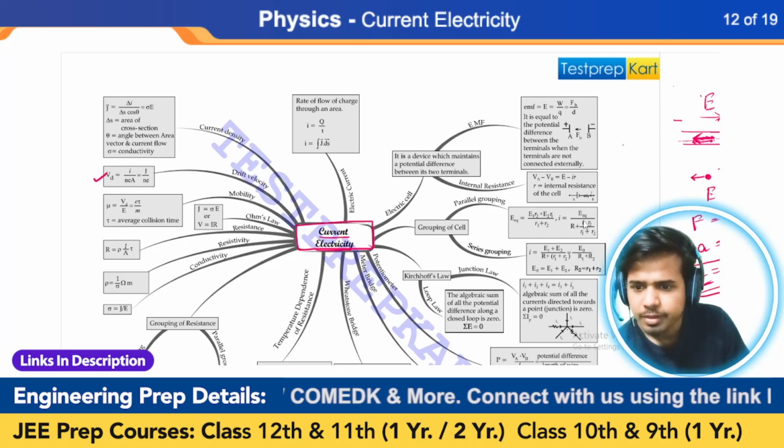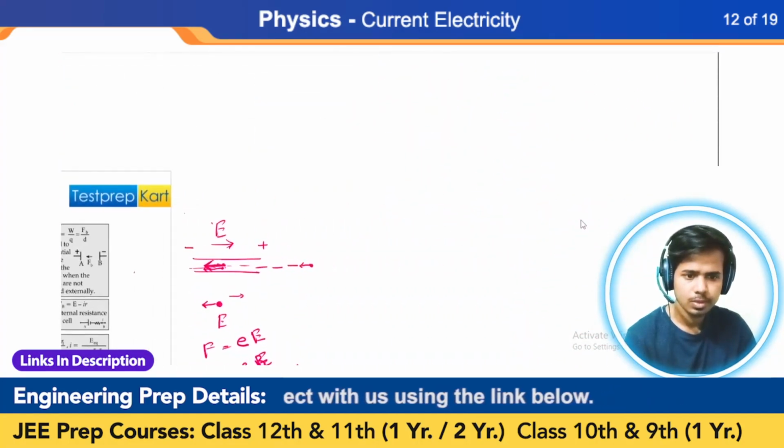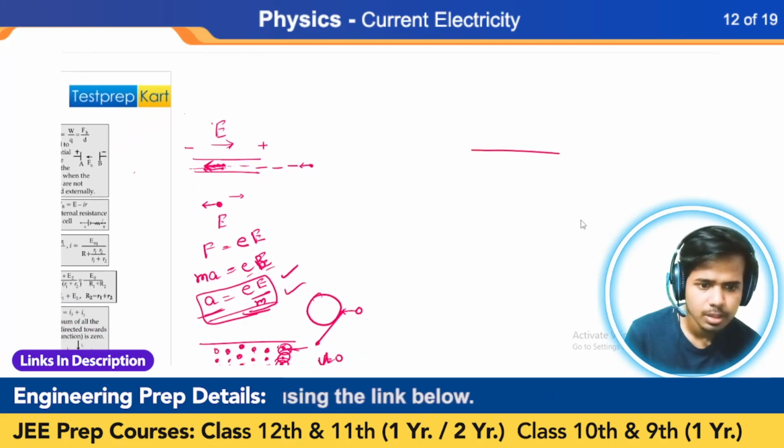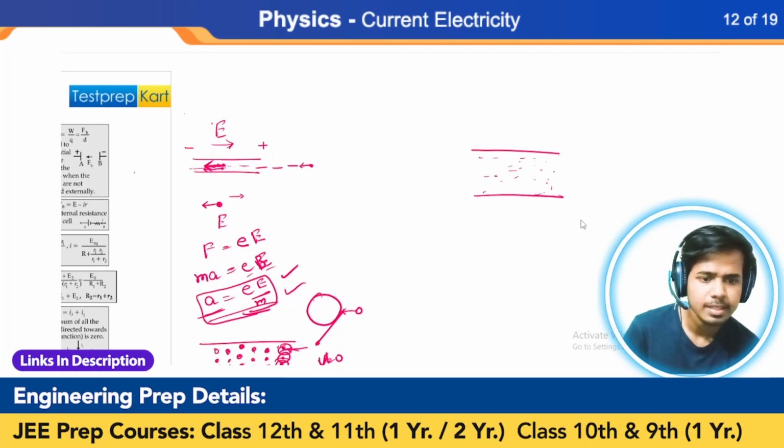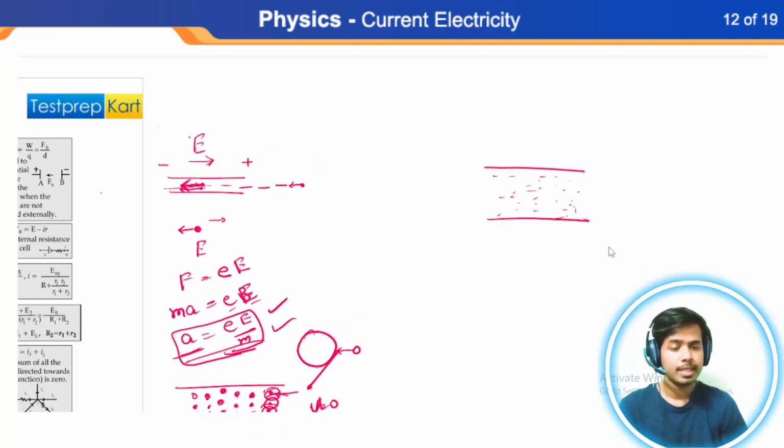Let's calculate drift velocity in terms of current. Let's say this is a conductor in which particles are there which can conduct electricity. For example, in the case of normal metals, maybe these are electrons.